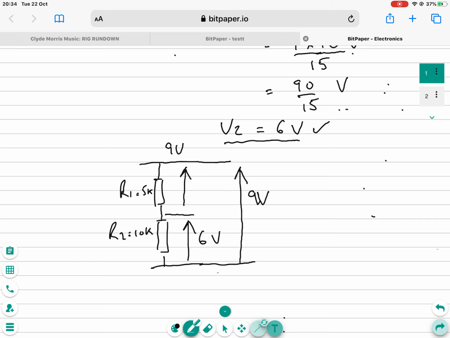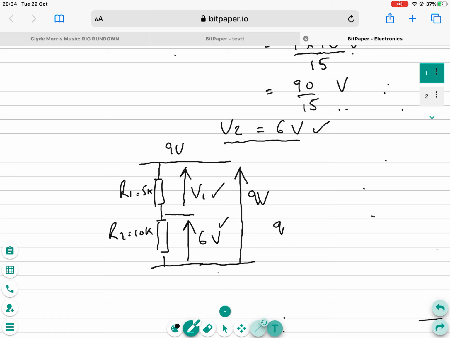So if we had to find V1, which is the voltage across resistor R1, hopefully you can see that V1 must be 3 volts, because in order to make 9, you'd have 6 for V2, plus you would need 3 volts for V1, and the two of them would sum to 9 volts.